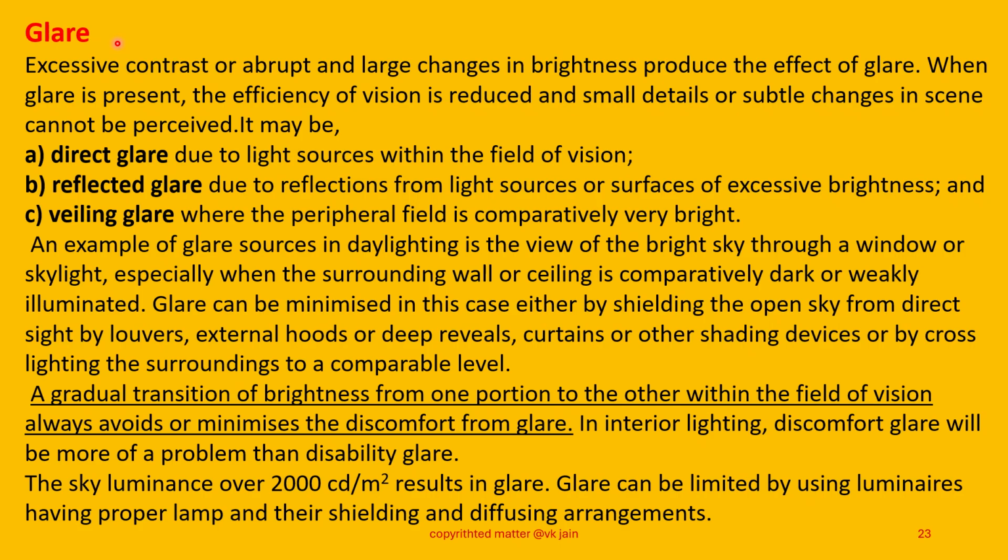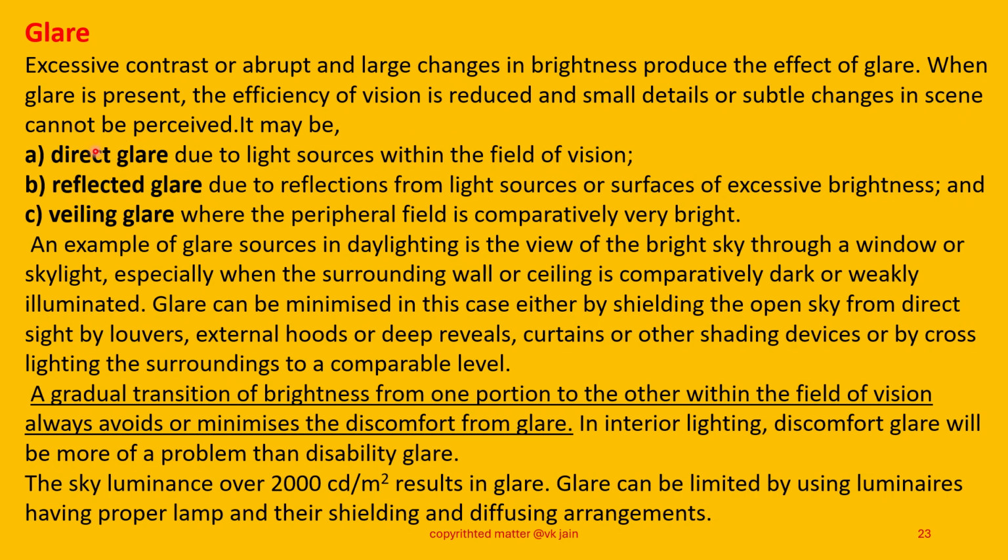Now glare. Excessive contrast or abrupt and large changes in brightness produce the effect of glare. When glare is present, the efficiency of vision is reduced and small details or subtle changes in the scene cannot be perceived.